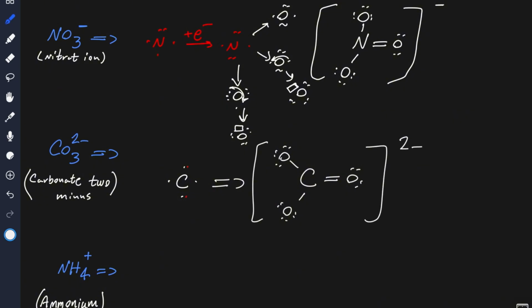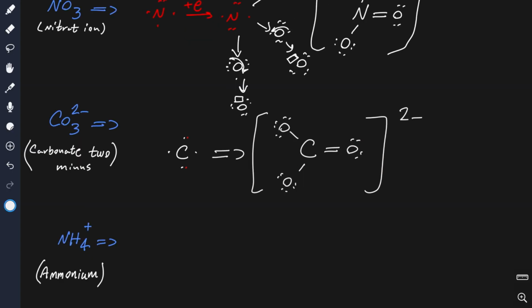And bracket 2-. So ammonium, NH4 plus 1. So the central atom is nitrogen, has 5 valence electrons.